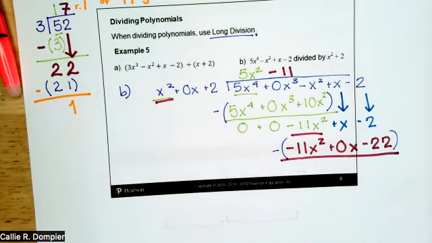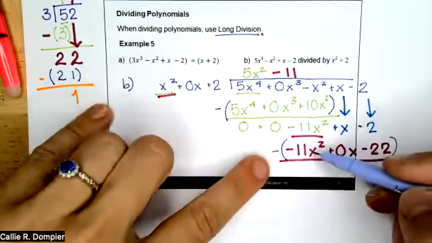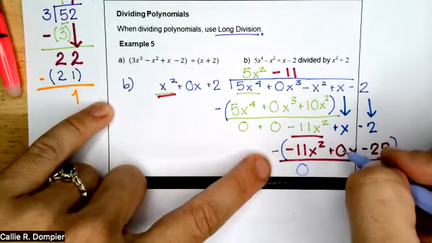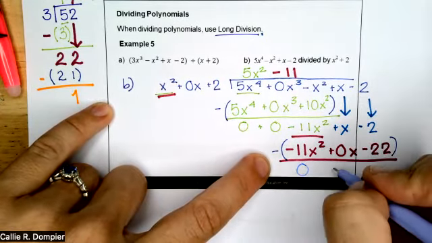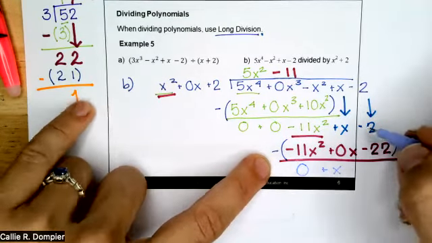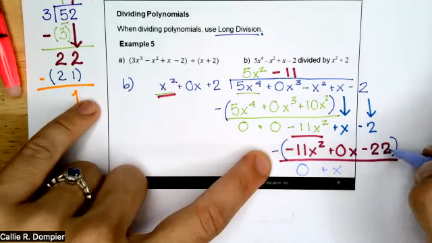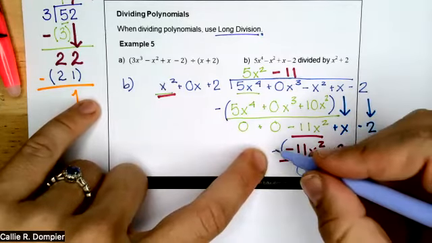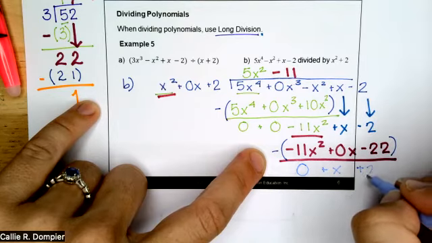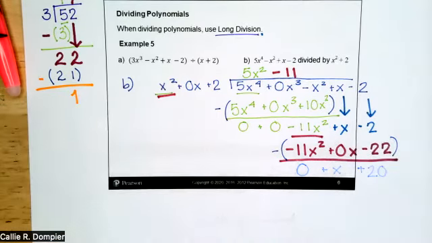So negative 11x squared plus 11x squared is 0. x minus 0x is just x, and it was a positive x. And then negative 2 minus a negative 22, so negative 2 plus 22 is 20. Is that okay?